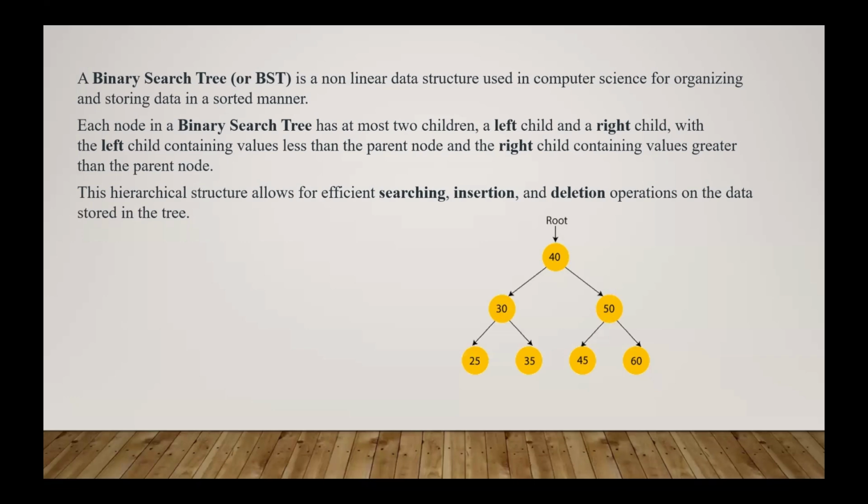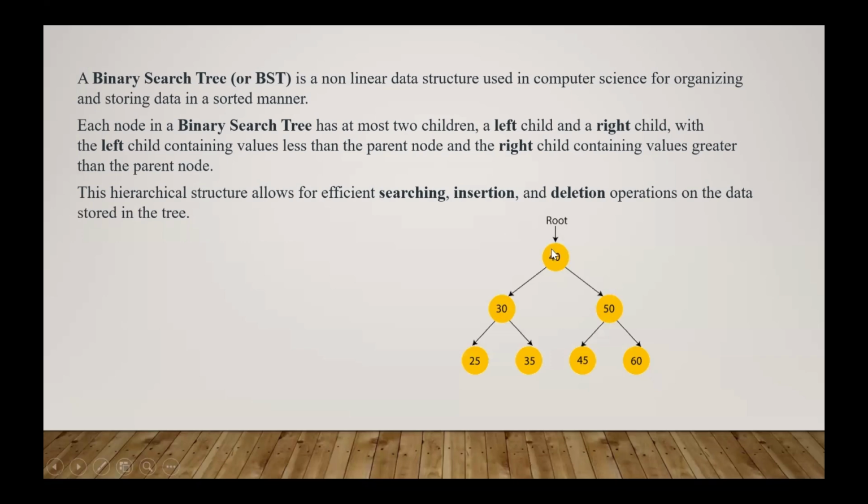The main objective is that, by storing data such that the left child stores a value less than or equal to the parent and the right child stores a value greater than the parent, we can perform insertion, deletion and searching of elements in a very efficient way.